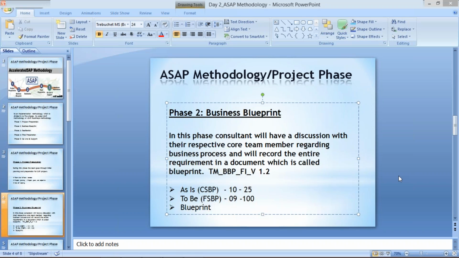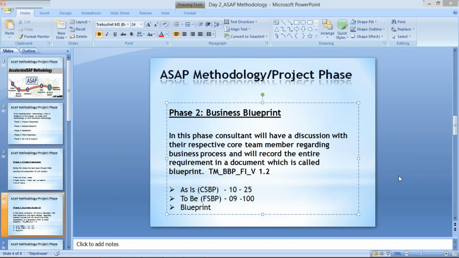Finance has different activities, HR has different activities, and the sales and distribution module has different activities. Everybody has to do certain configurations to meet the requirements of the client. But what those requirements are, first of all we need to understand.